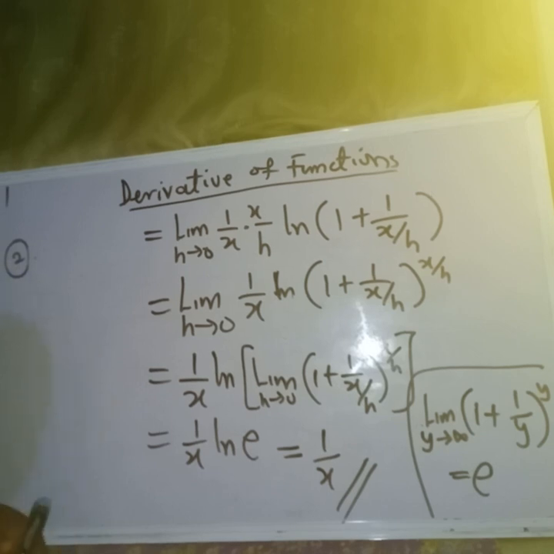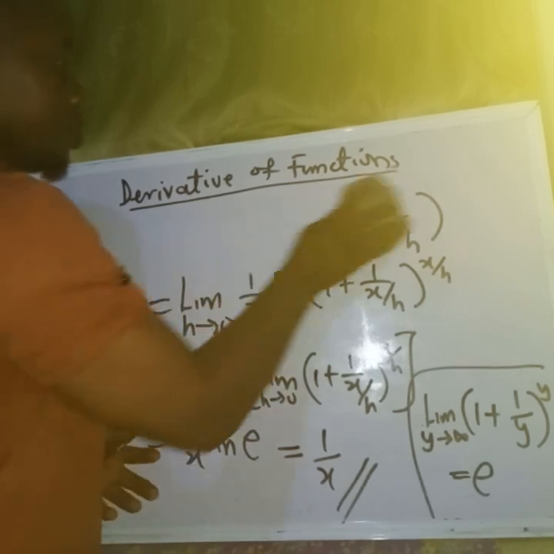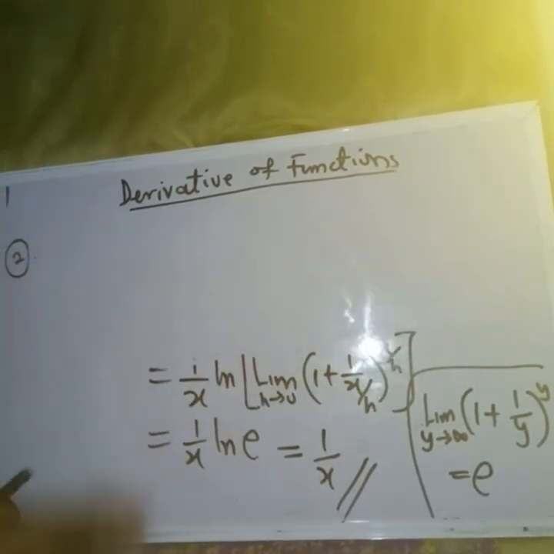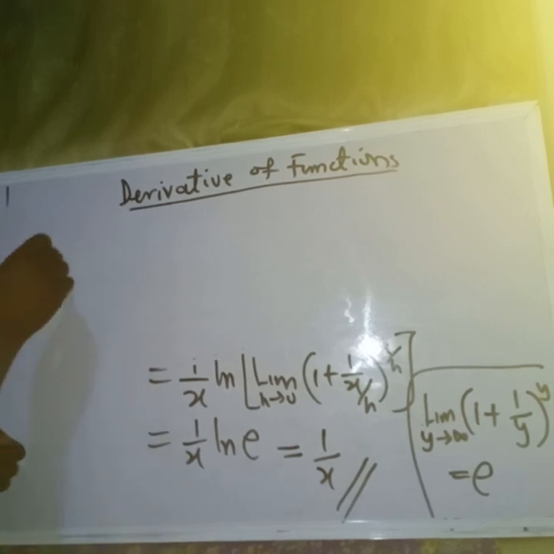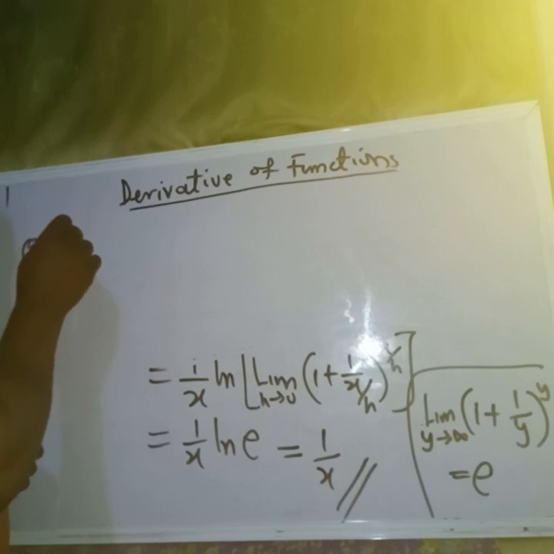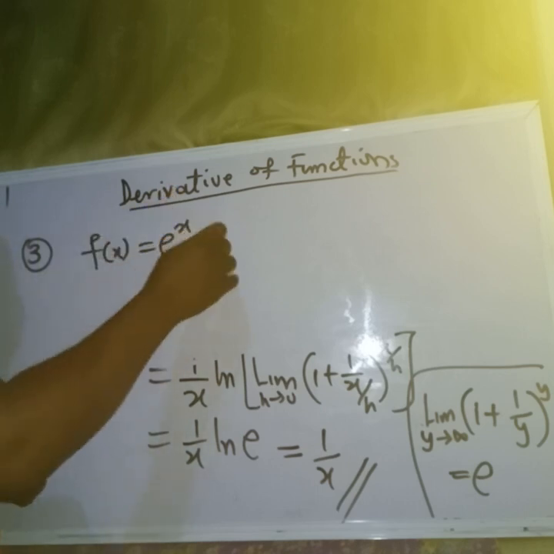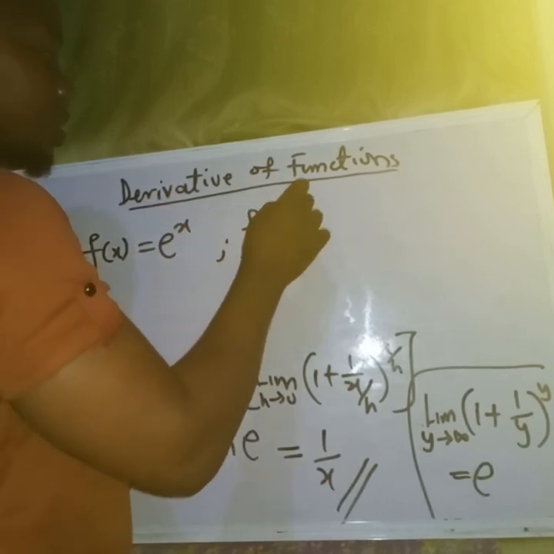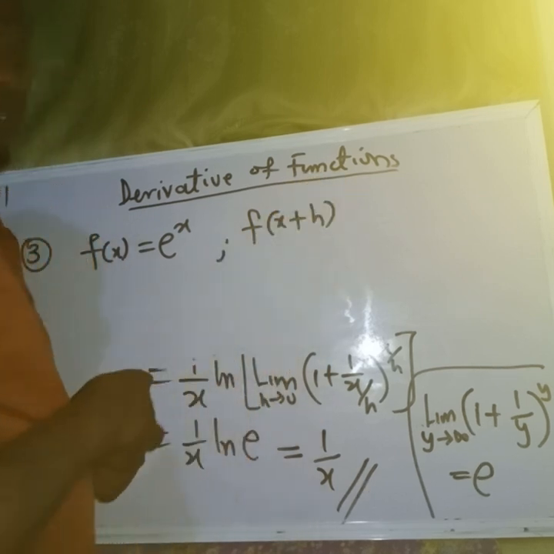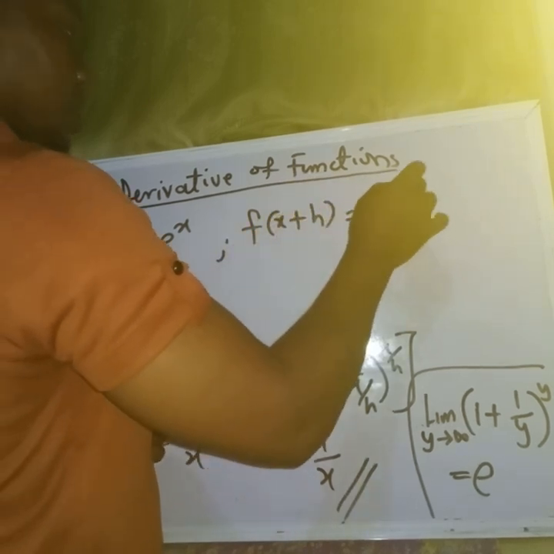Now we can consider another example under derivative of a function. Let us consider another function, exponential x. Let's call this example 3. Suppose we want to find the derivative of a function f of x equal to exponential x. Again, according to the formula, f of x plus h will be given as this.